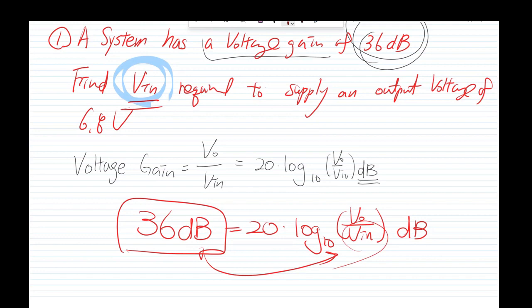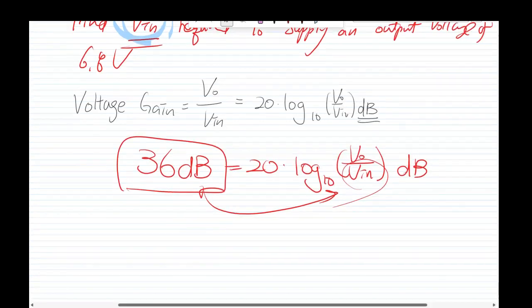So if we wanted to find V sub in, and if we know V sub 0, we can find it, right? What is the output voltage from the question? 6.8 volts. That's it. So please keep going by using the calculator, just like this one.